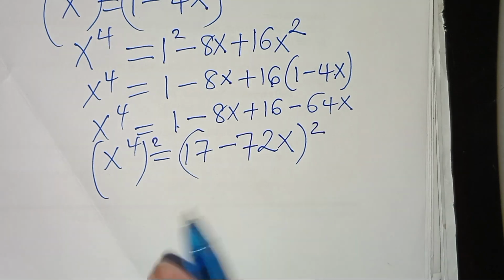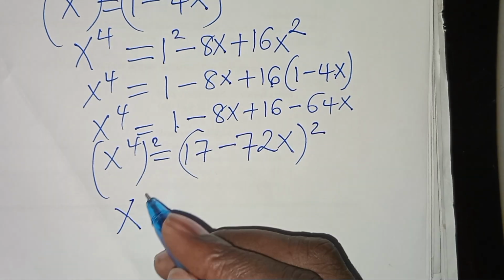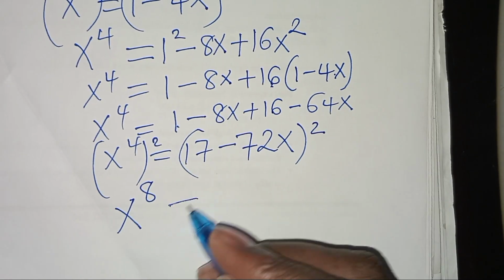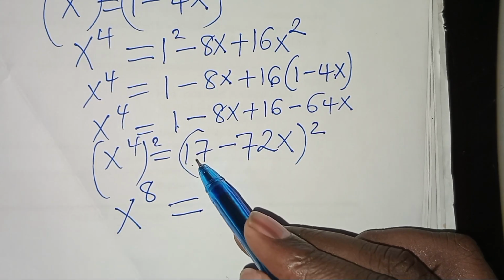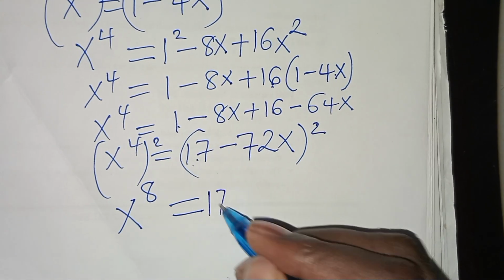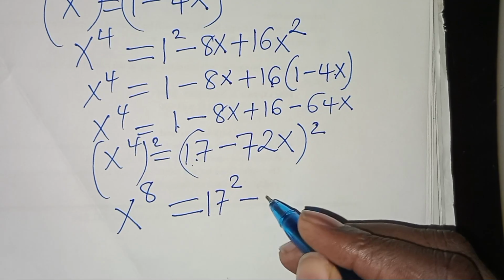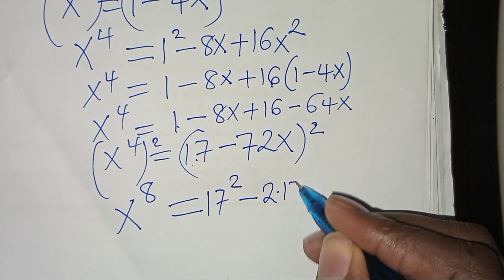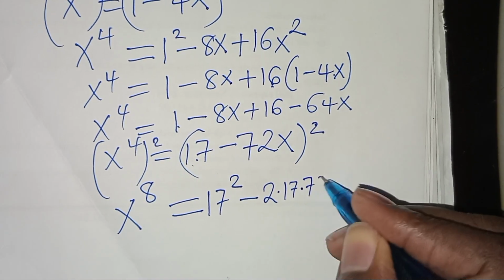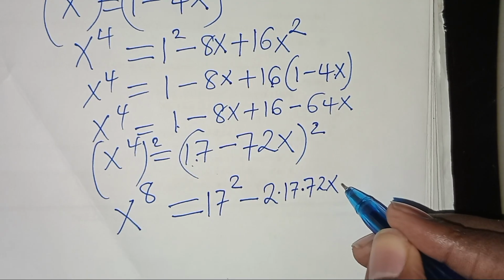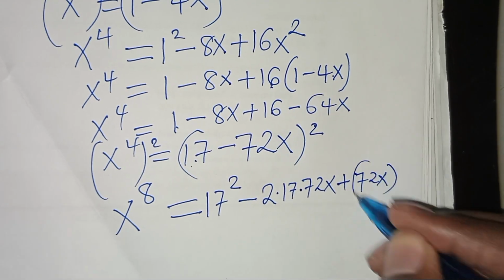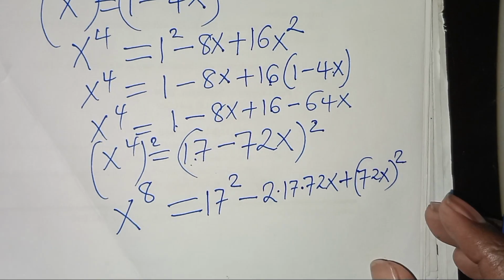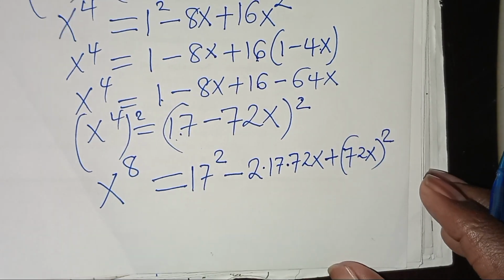So that now we'll have x to the power 8, and this is equal to 17 squared, subtract 2 times 17 times 72x, plus 72 squared. Okay, so let's proceed.